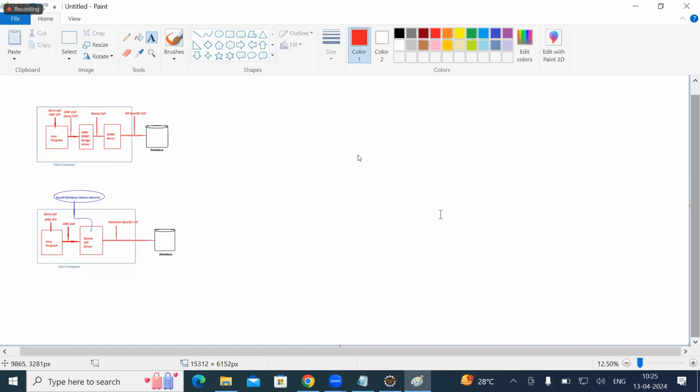Whenever the database related libraries are available in my computer, this native API driver will take the support of them and connect. That is type 2. It is higher performance than type 1 because the number of conversions decreased and ODBC is not involved.